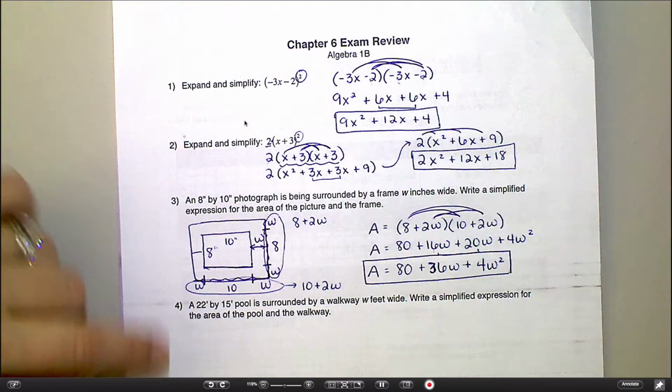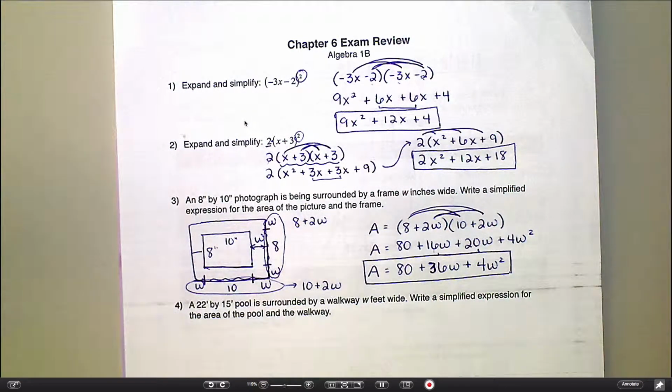Okay. Number 4 is really similar. Take a quick second, see if you can figure out how to do number 4.